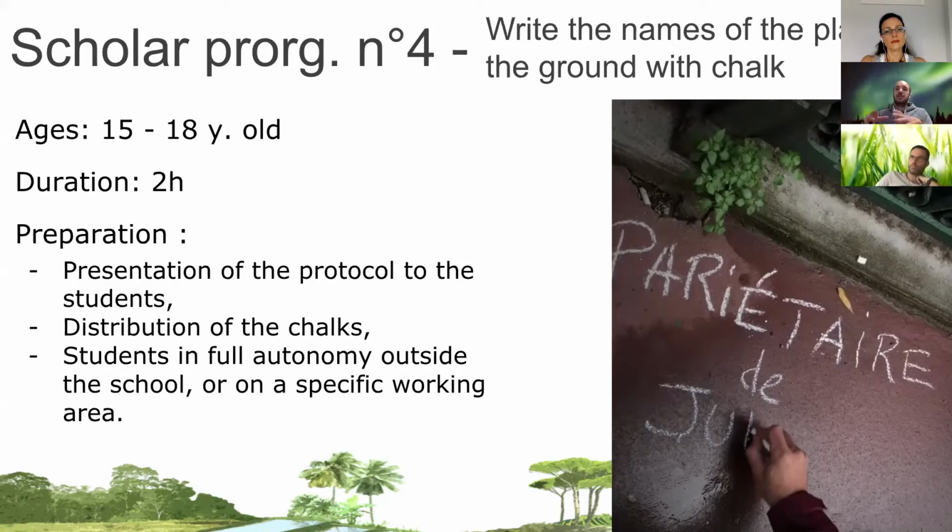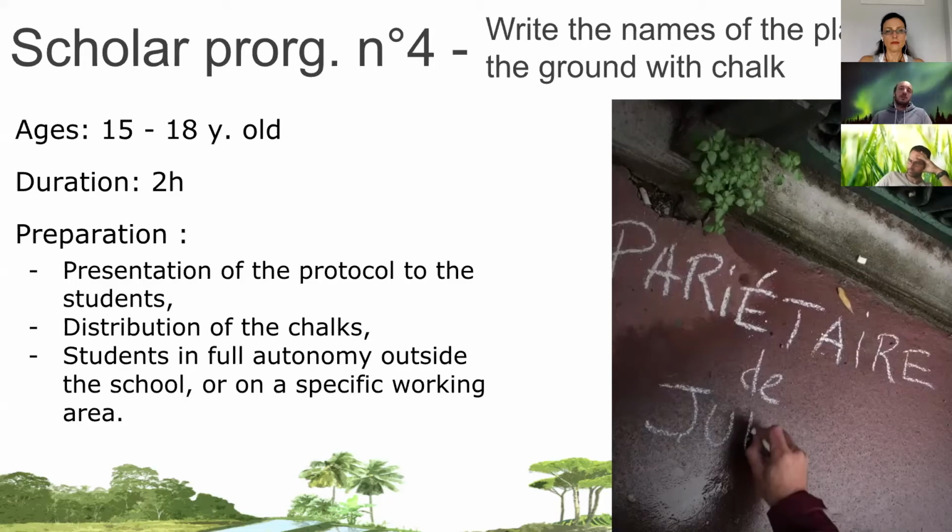You can decide to focus that monitoring only on tree species, or only on lianas, only on small herbs. And when they think that they have correctly identified the plant species, they ask the students to write the name of that species on the floor in order to highlight the fact that, hey, here at our feet, we can see that there is already some biodiversity.